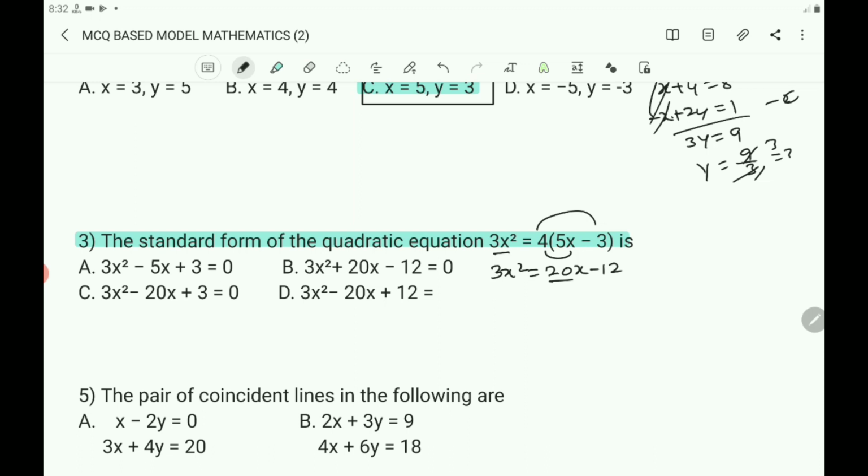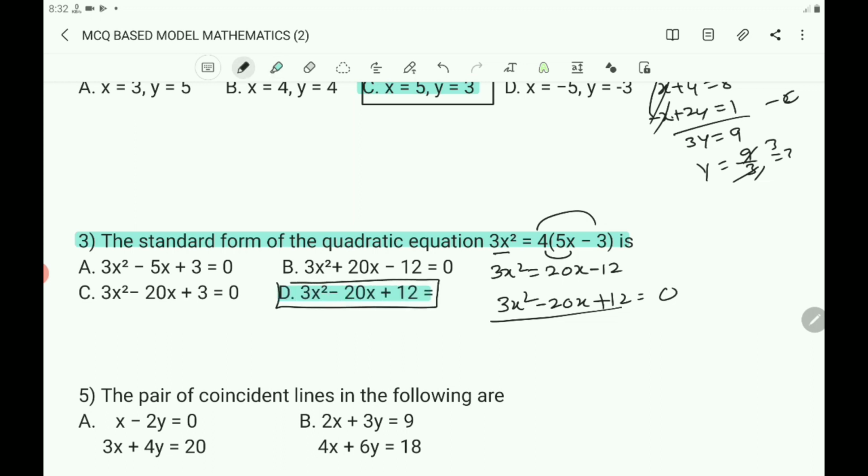If you transfer this 20x and minus 12 to the LHS, it becomes 3x square minus 20x plus 12 equals 0. Now you observe here, option D is the answer. 3x square minus 20x plus 12 equals 0.